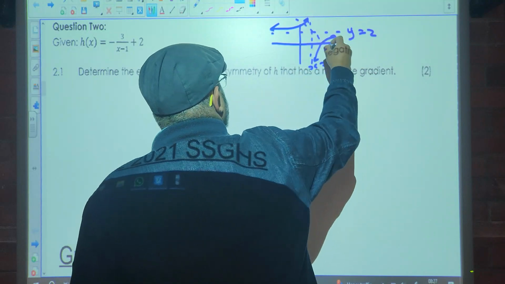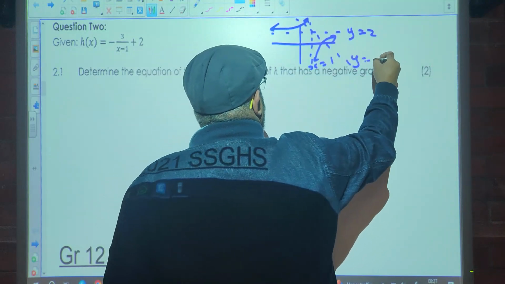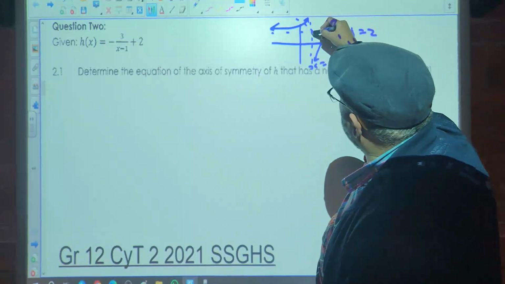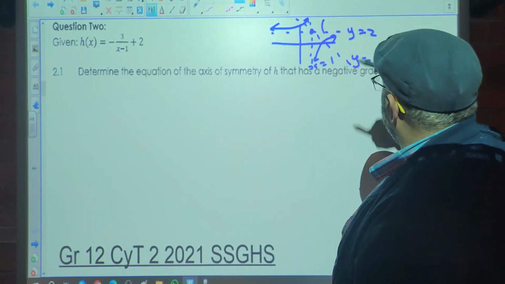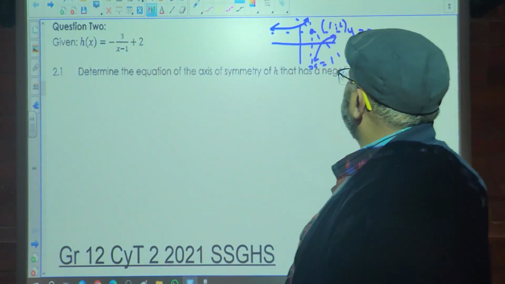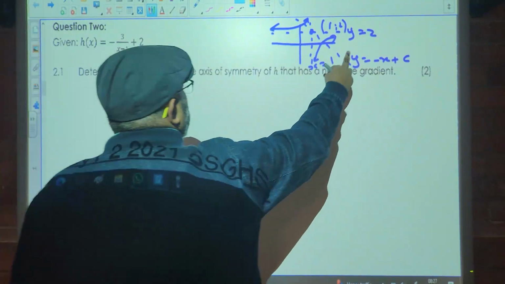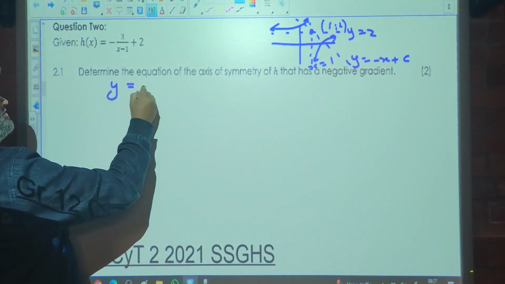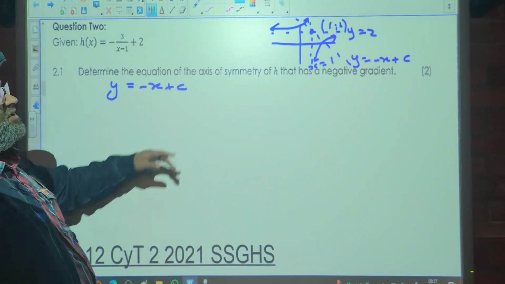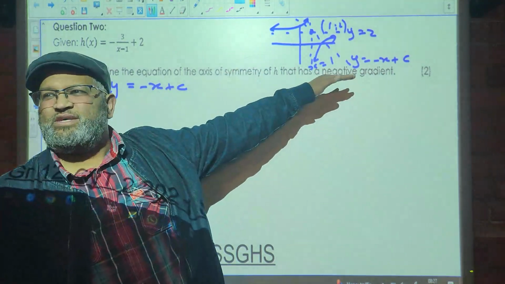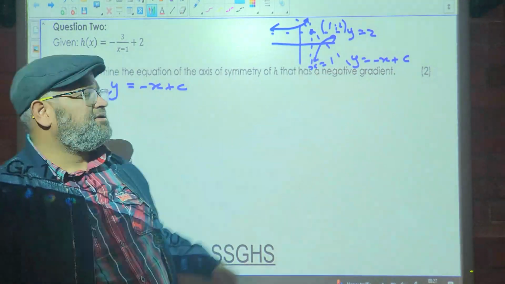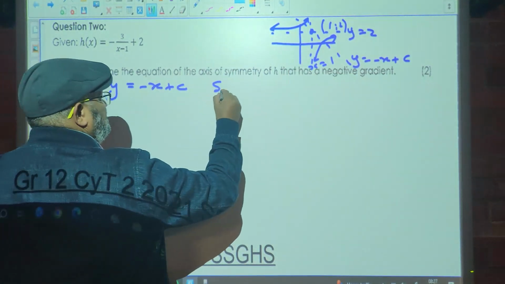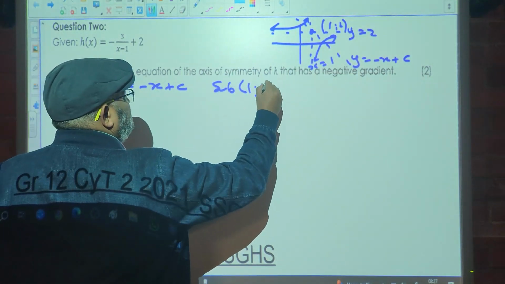But the negative gradient is going to come through like it. So y = -x + c, and it's going through this point there of (1, 2). That is the point where the two asymptotes intersect. So the equation is y = -x + c. With a positive gradient, I would have said y = x + c. We substitute that point in; in both cases you would have done the same.